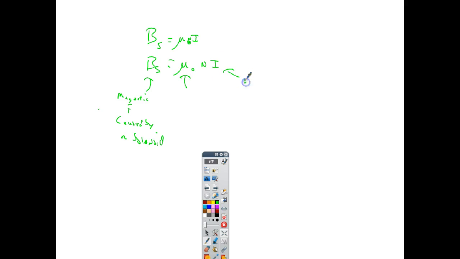This I is current, so this all looks just like Ampere's law, except for the N. And the N stands for the weirdest possible thing it could possibly stand for. It stands for number, which makes sense, of turns, which makes sense. This is the part that drives me crazy: per unit length. So there's a number of turns per unit length.